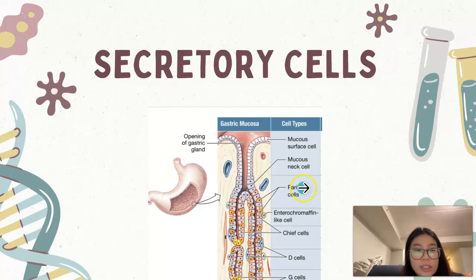Next we have mucus cells, which are for protection, and I'll get into more of that later. But from this graphic, you can tell that the stomach is lined with a whole bunch of epithelial cells to make this complex network of processes in the stomach, and we'll see how this plays out in the next slide.